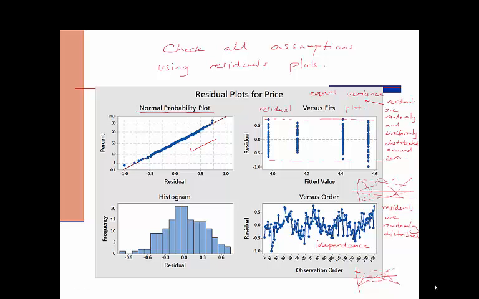All right, so it's very important to check these 3 assumptions. This checks for normality. This checks for constant variance or equal variance, the residual versus fits plot, and the residual versus order plot checks for independence, right? If there is no pattern inside your order, well, then they're independent. Each data point is independent from each other.